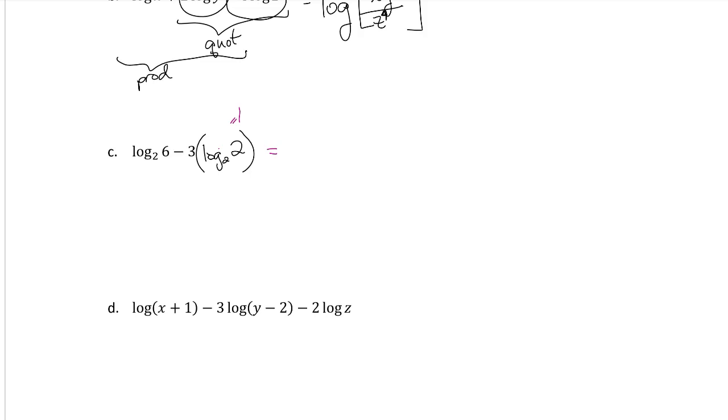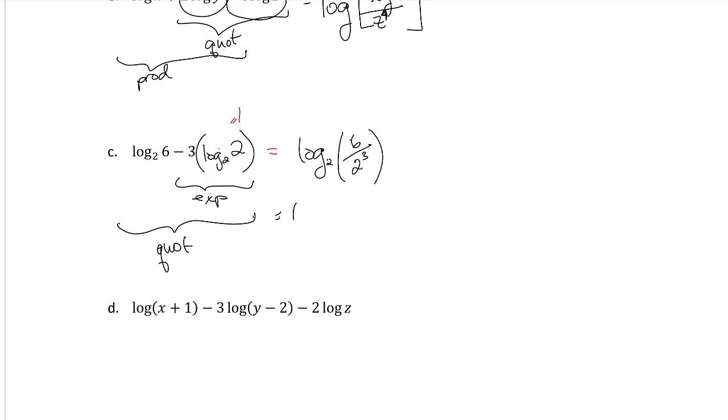Same idea. So what we get here then becomes, this is an exponent law followed by a quotient law. Oops, let's put a bracket. So I'd get log base 2, don't drop that base, 6 over 2 to the power of 3.